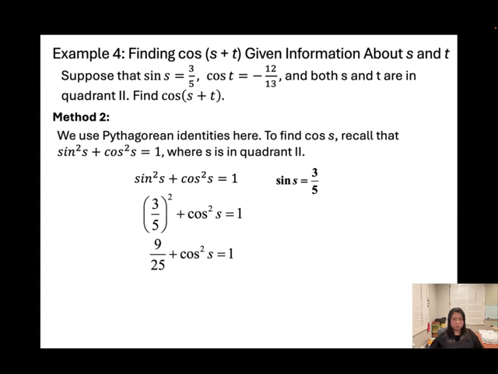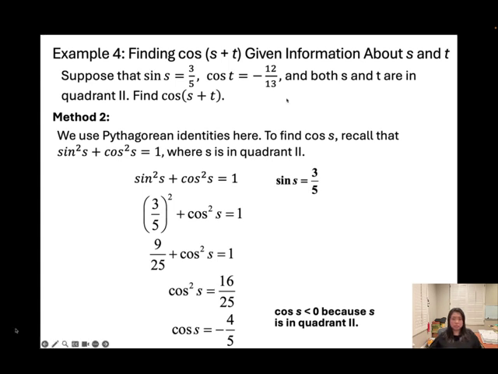Subtract 9 over 25 from 1. You should get 16 over 25. Take the square root. And one more time, it's quadrant 2, so cosine S is supposed to be negative. So you get cosine S equal to negative 4 over 5.